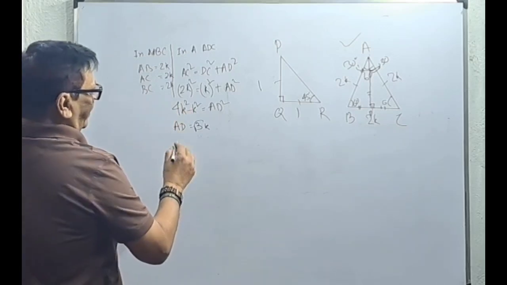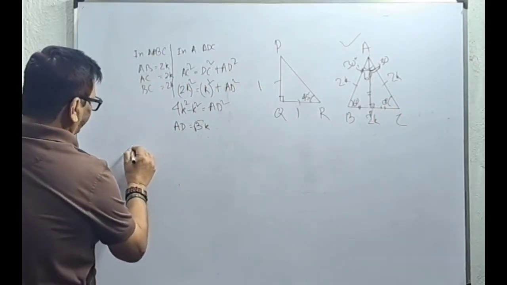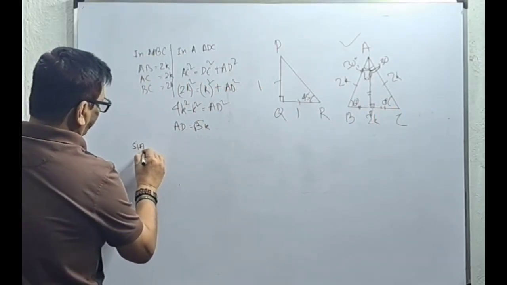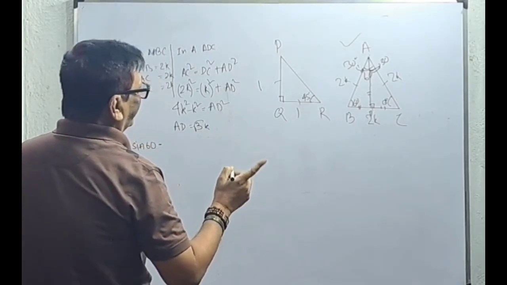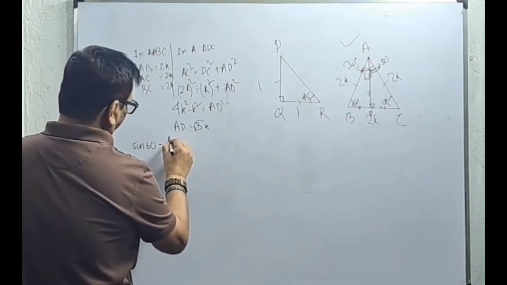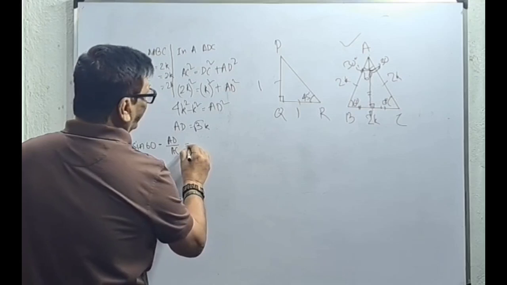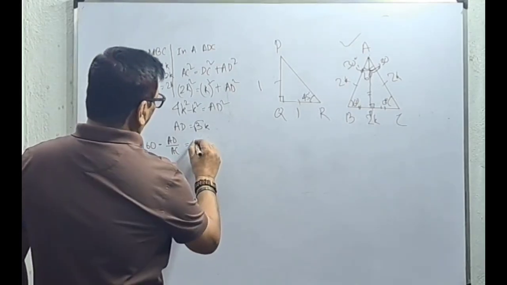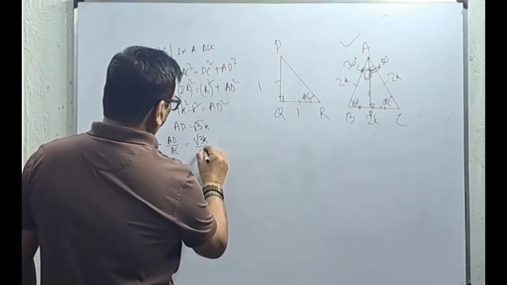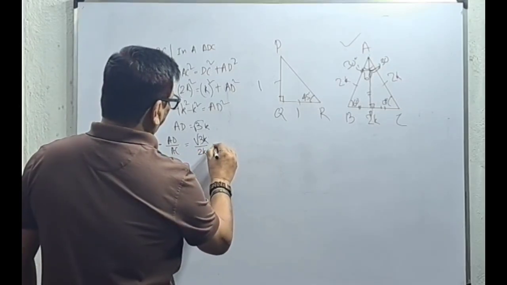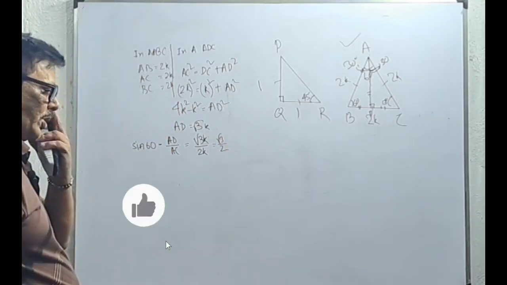Now, if we look there and find out this is 60 degree, so sine 60 degree will be equal to AD by AC. Which is root 3K by 2K, which is root 3 by 2. See, it tallies. Okay.